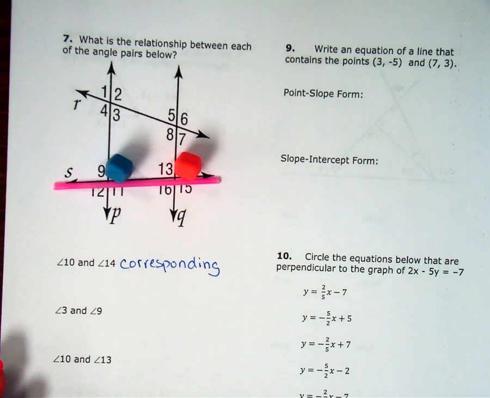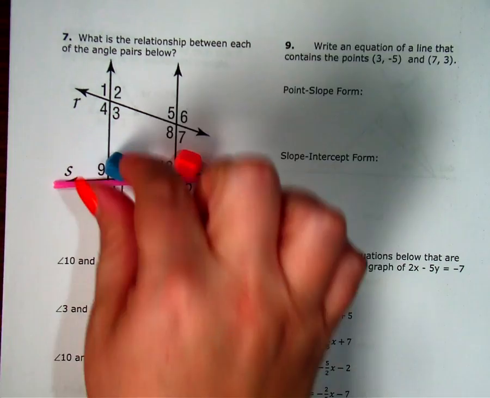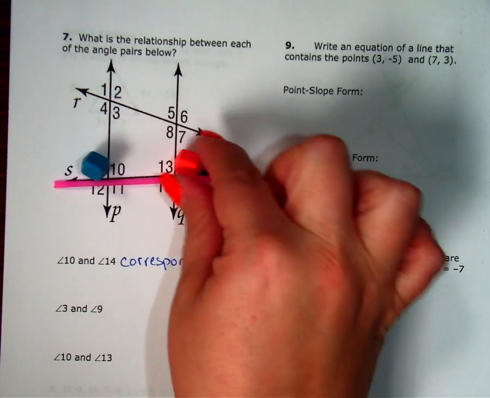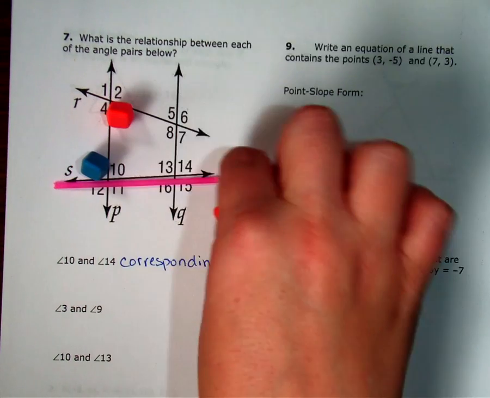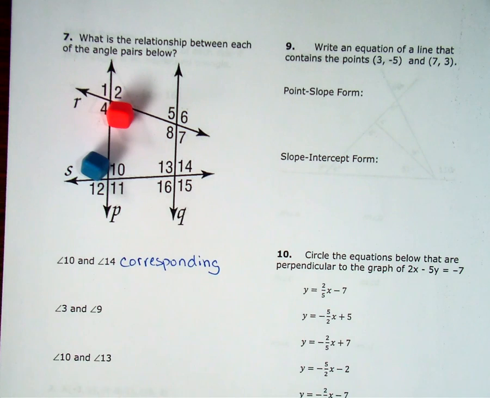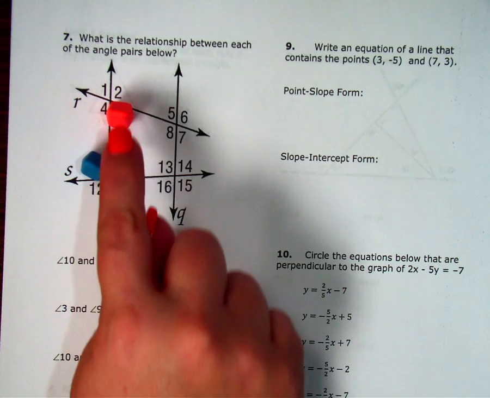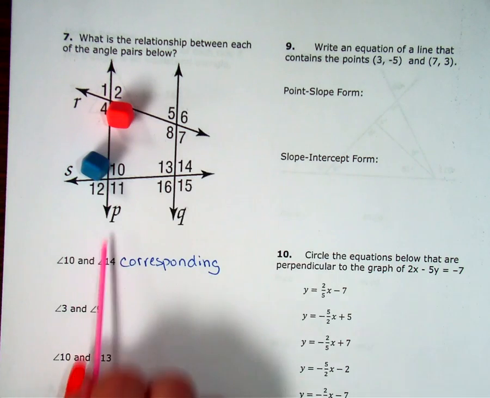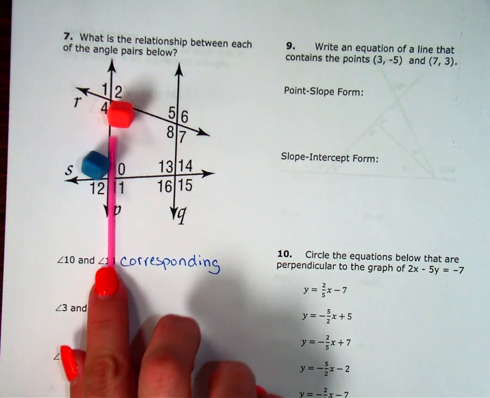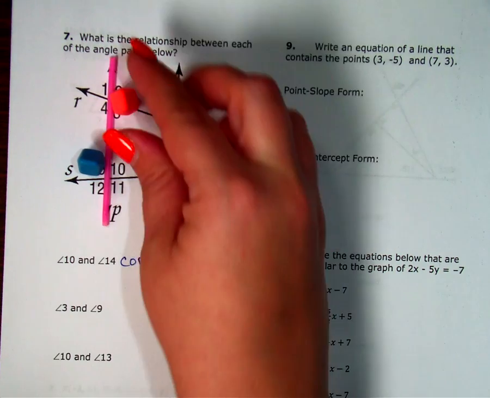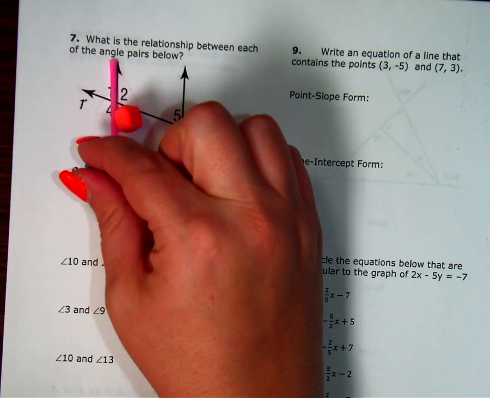angles. Okay? The next one is asking about 3 and 9. So here's 9 and here's 3, which means now my transversal, to get from 9 to 3, I have to travel along line P. Okay?